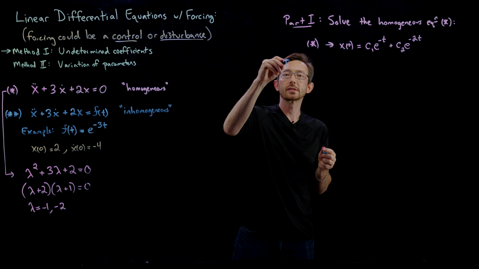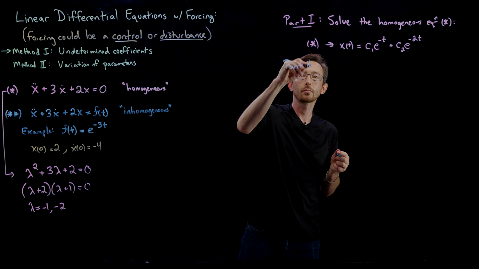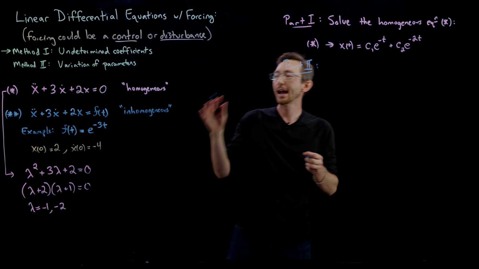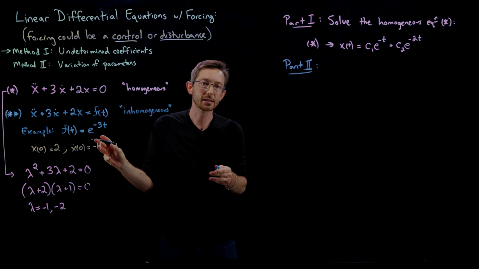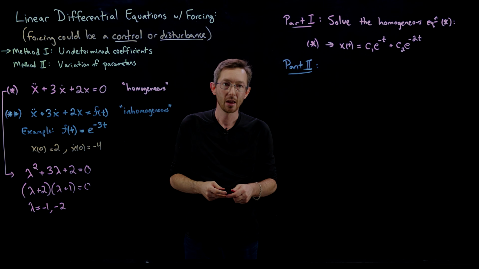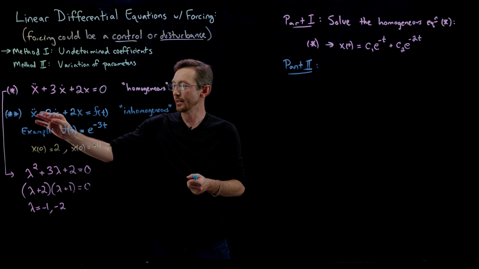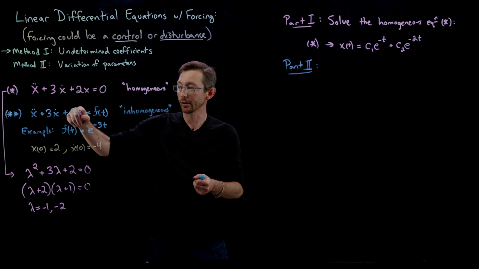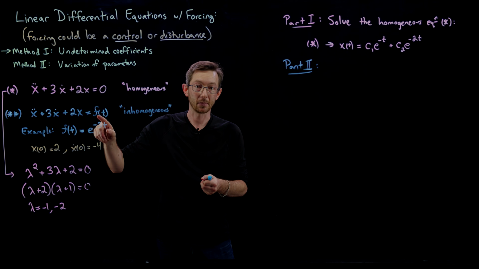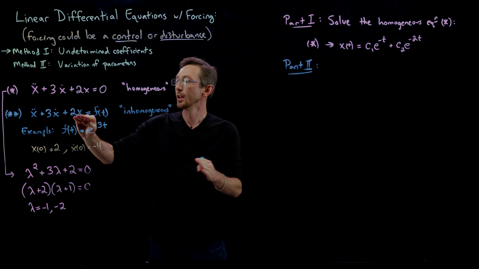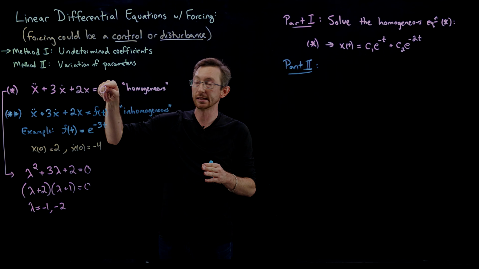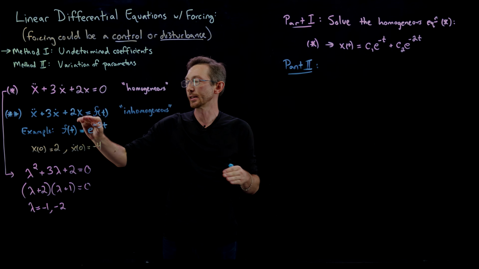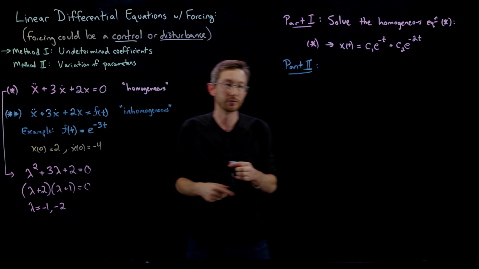Part 2, step 2, is now we're going to solve for what is called the particular solution, which is a solution, some function that you can plug into here that will equal f of t. Okay, so the homogeneous solution solves this equation equals 0. The particular solution is going to solve this equation equals f of t.